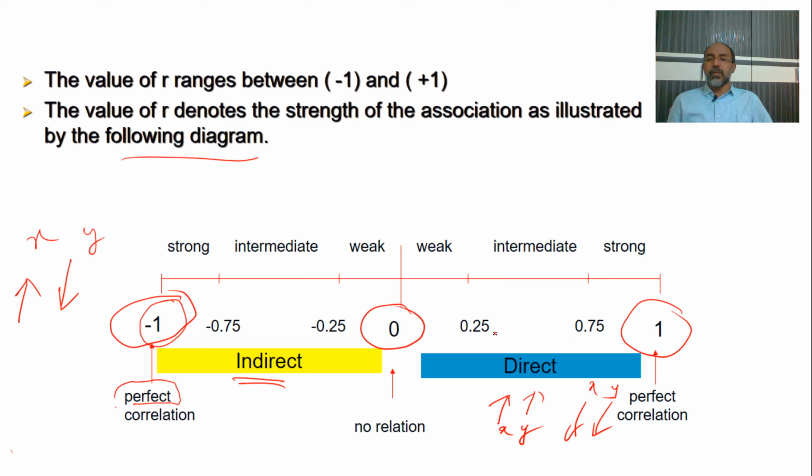So 0.25 is a weak relation, and intermediate relations lie between 0.25 and 0.75. A strong relation is when it reaches 0.75 and above. 1 itself is the perfect correlation, whether +1 or -1.